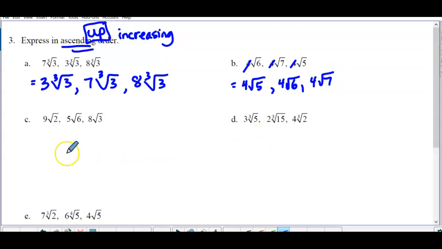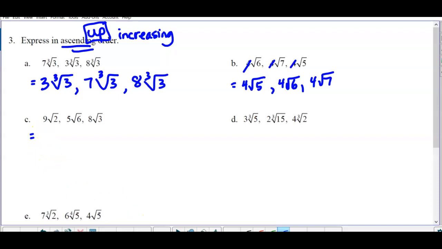Okay. In C, take a look here. Now, they're all square roots. The radicands are different, and the coefficients are different. So in this case, trying to do this without a calculator, I would show them as entire radicals.